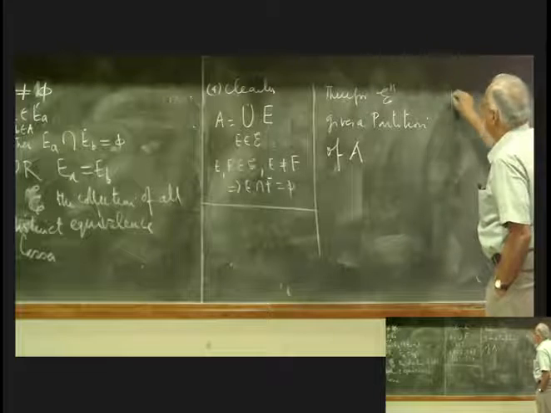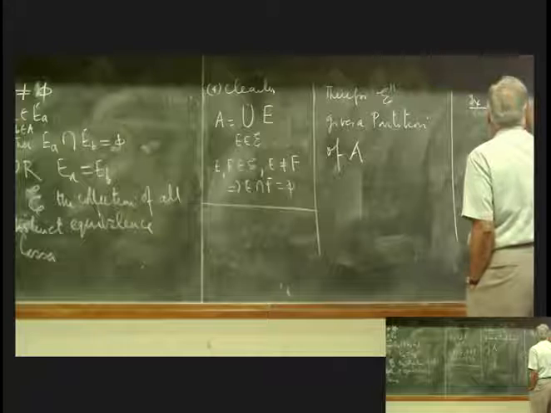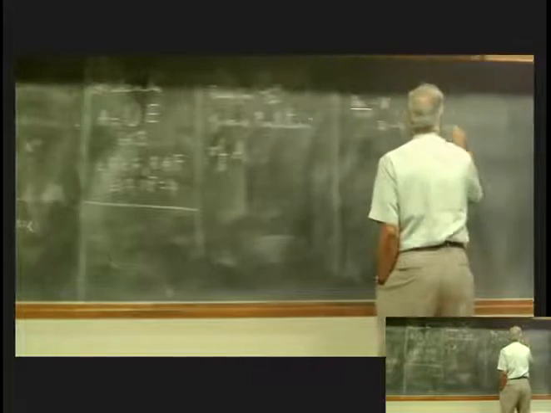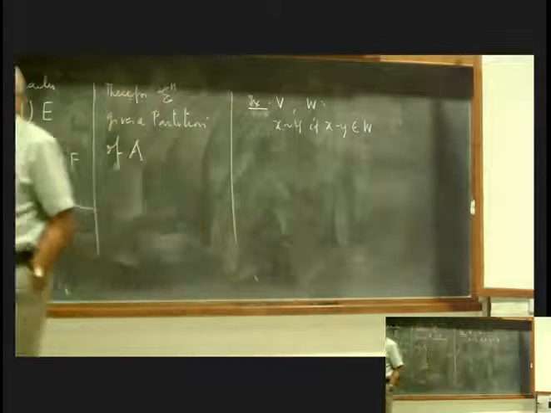Let me give an example: V, W, x related to y if x minus y belongs to W. How do the equivalence classes look like in this? There will be the subspace W shifted by one vector, shifted by another vector, and so on.